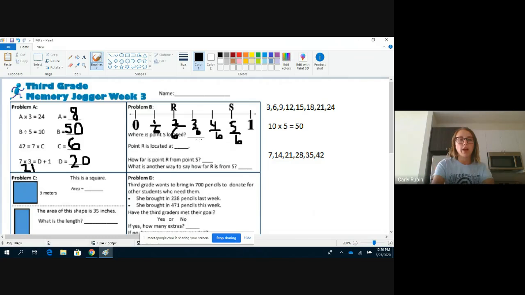So, where is point S located? I can see that it is located at 5/6. I'm going to do it in a different color. I see point S is located at 5/6. So I'm going to write that here. 5/6. Point R is located at 2/6.